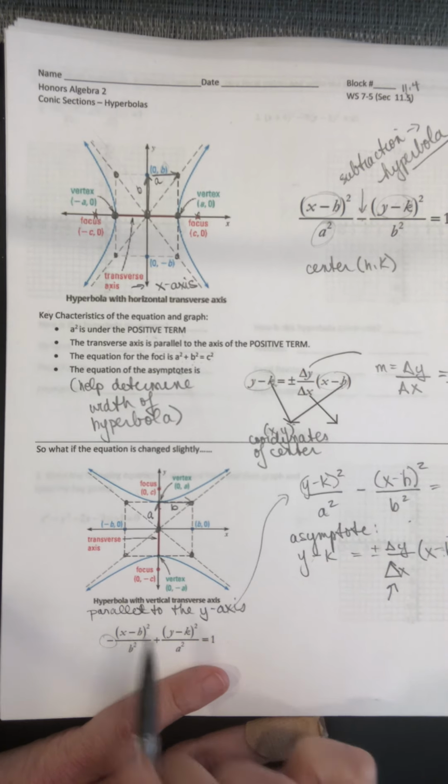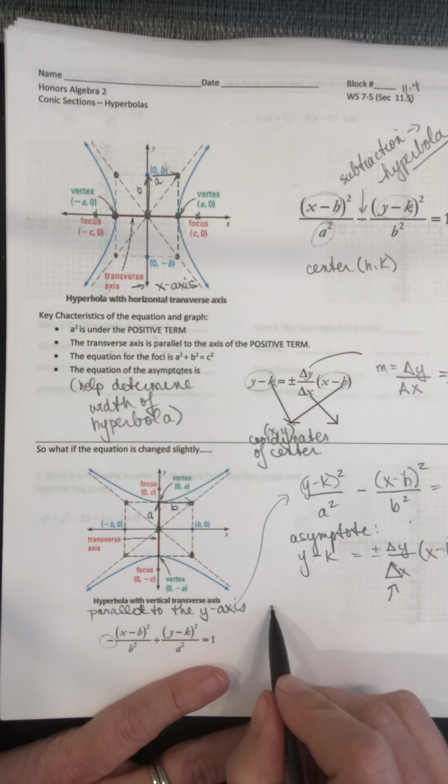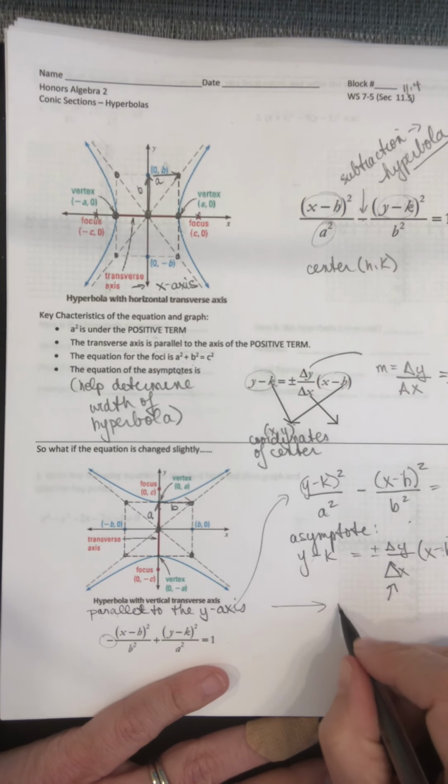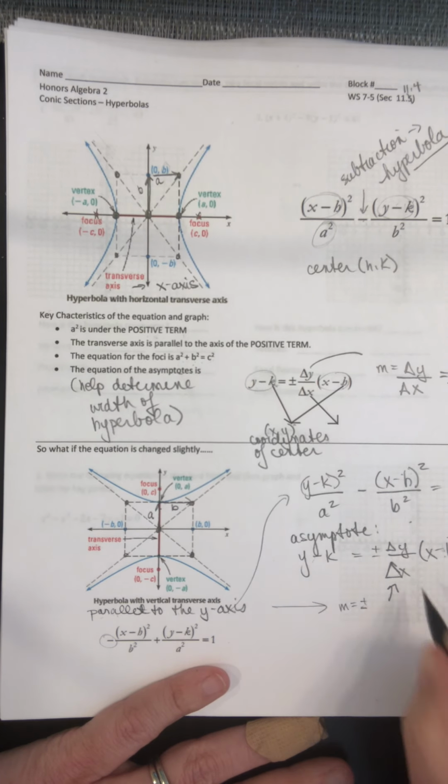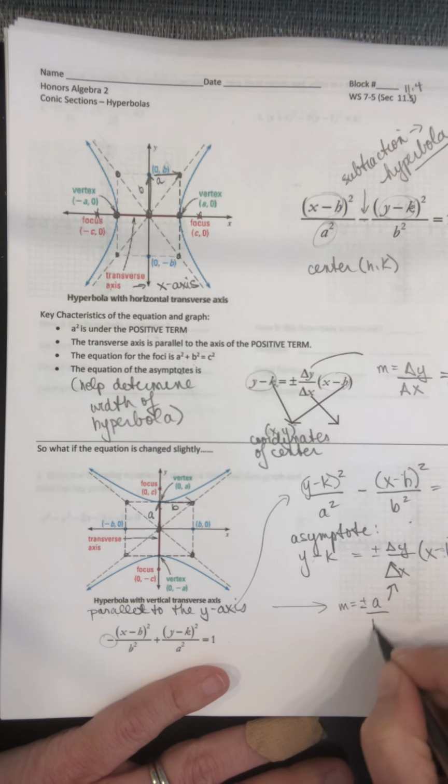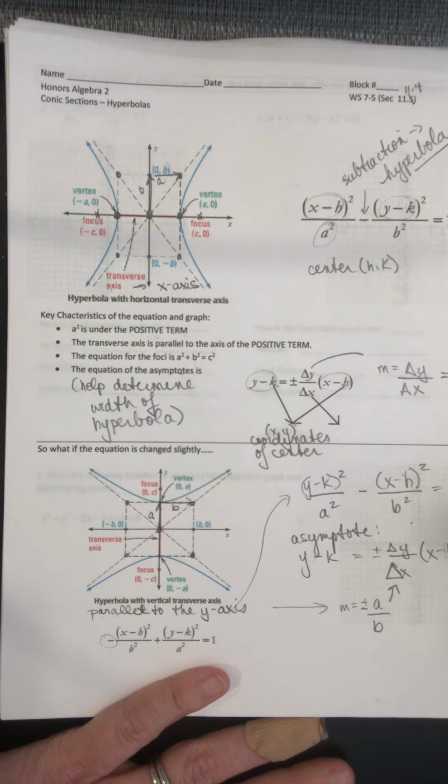So now, if you have parallel to the y-axis, then your slope is always plus or minus a over b. So it's the reciprocal of that.